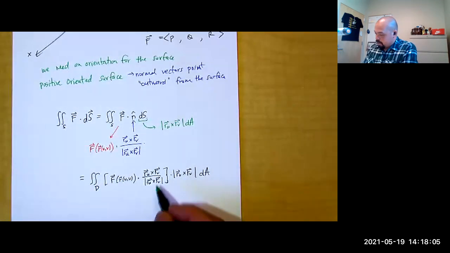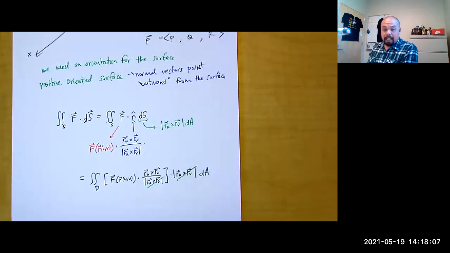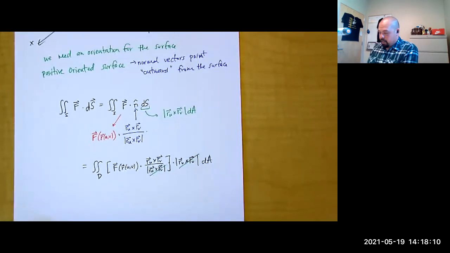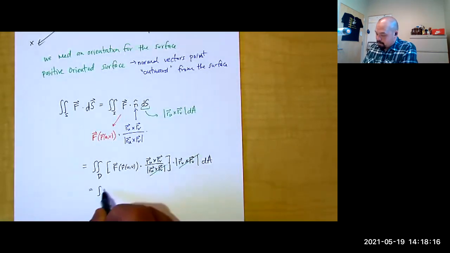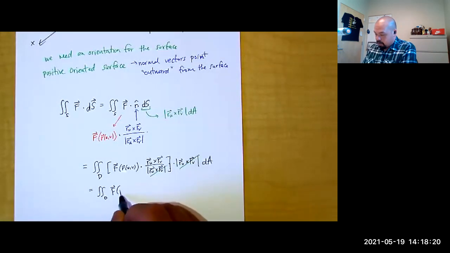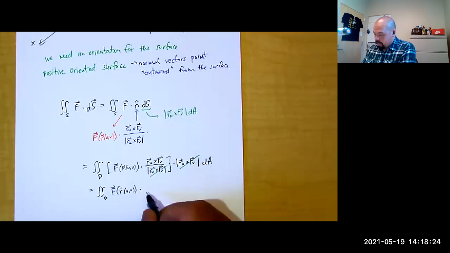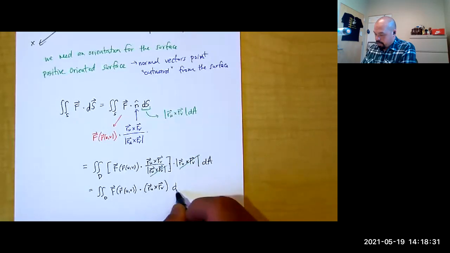I notice here, these are multiplying, those are scalars, those can cancel. So we see this dot product gives us a scalar result of this vector field F of R of UV dotted with that cross product RU cross RV dA.